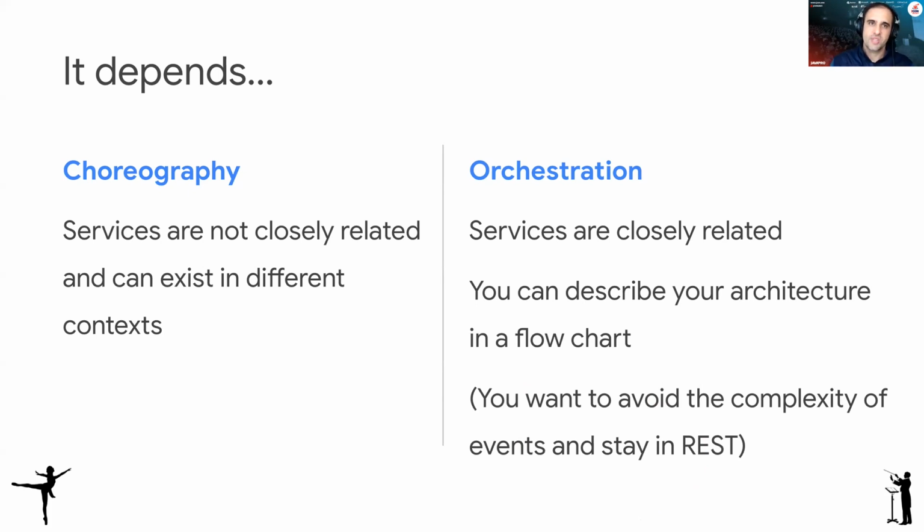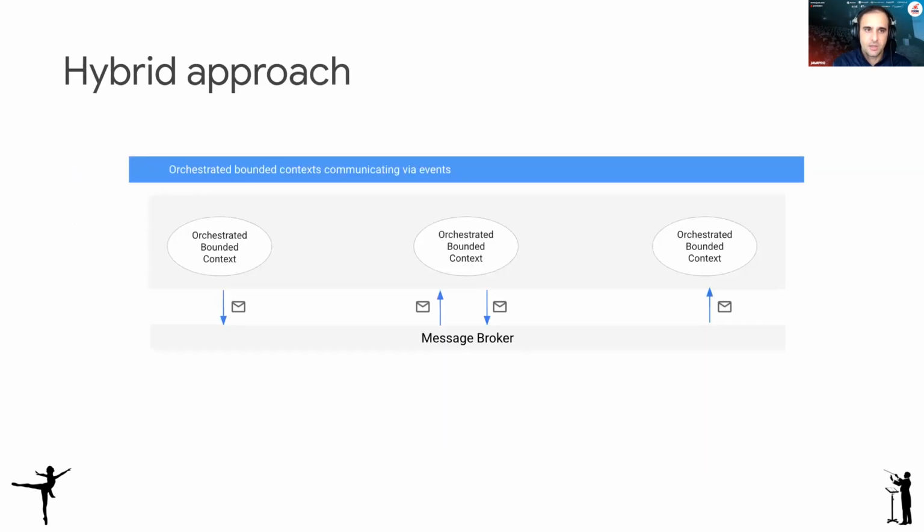So this usually results in a lot of complexity for your applications. If you want to stay in pure HTTP REST, then orchestration and orchestrators usually help for that. So I wouldn't say you choose orchestration because of this, but it's a nice side effect that you will have if you choose orchestration.